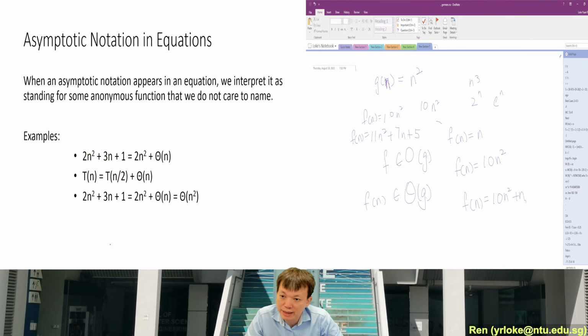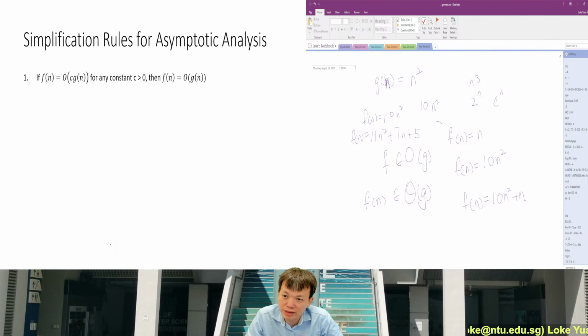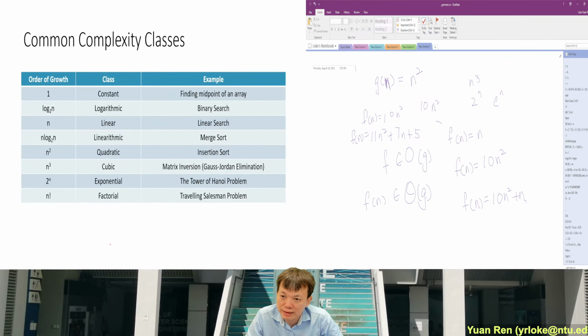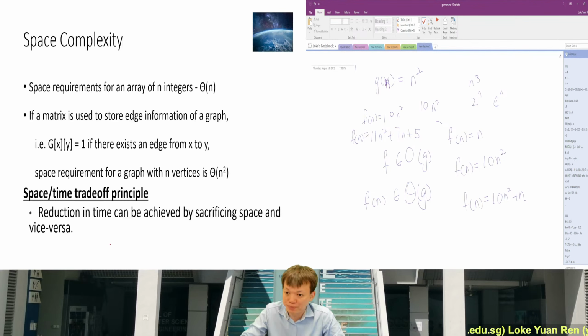Actually, the linked list is a kind of sequential search, because you have to read every node in the linked list to get the answer you want. I will also talk about some simplification of the asymptotic analysis, and about different classes. And the space complexity: once you know the time complexity, space complexity just calculates the number of memory units, so it is not that difficult to analyze compared to time complexity.